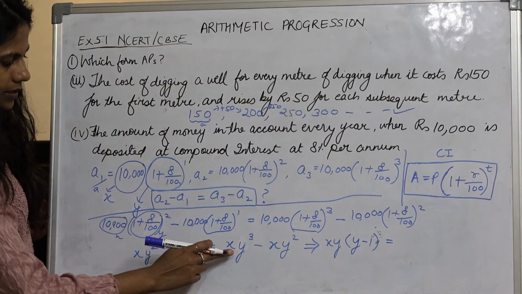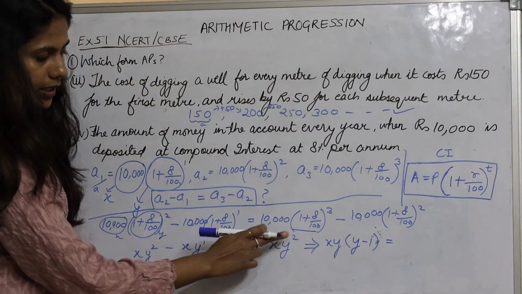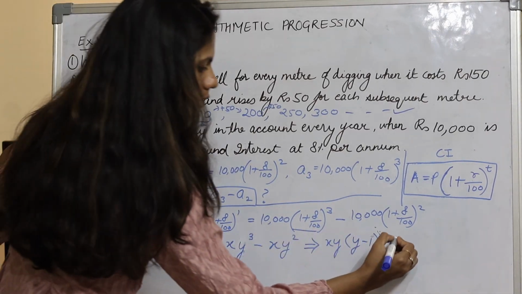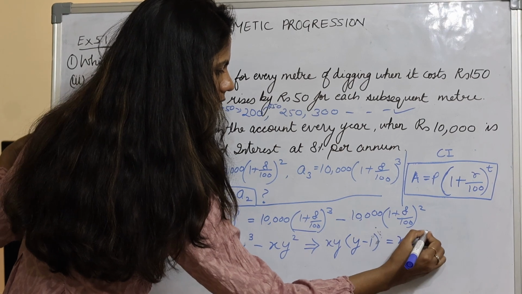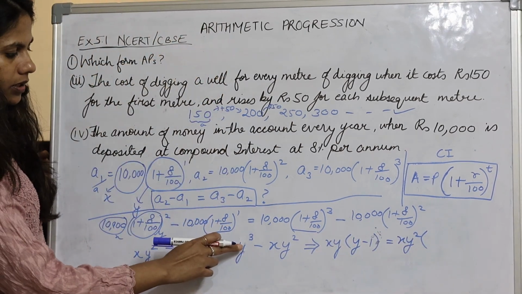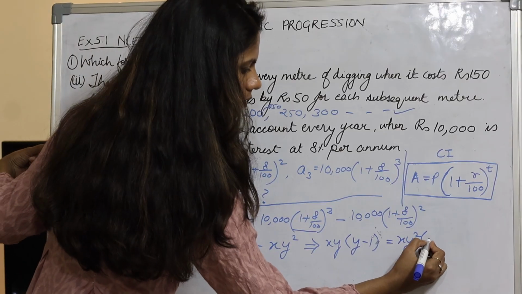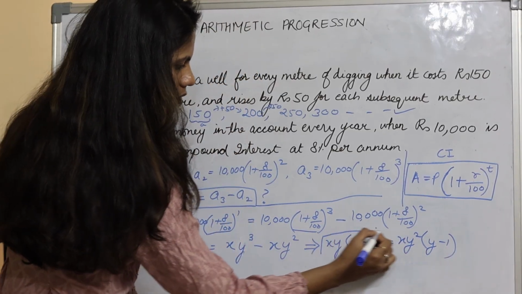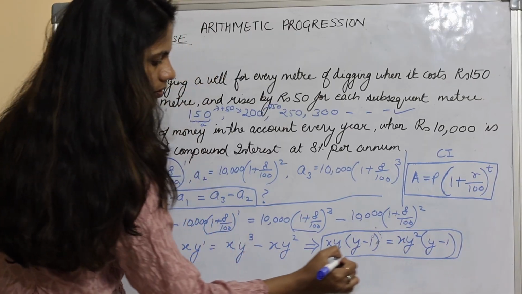Now for the right hand side, we can take common XY square, because here we have XY cube. So XY square, what we'll have remaining is Y minus 1. So this is what we have got in the end.